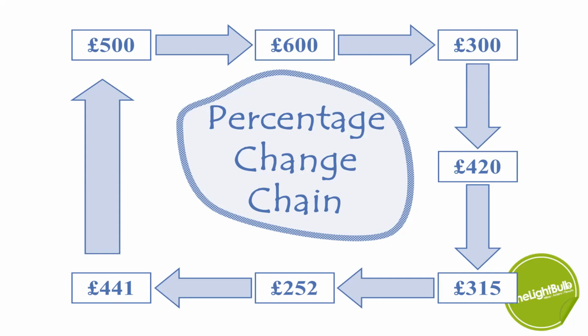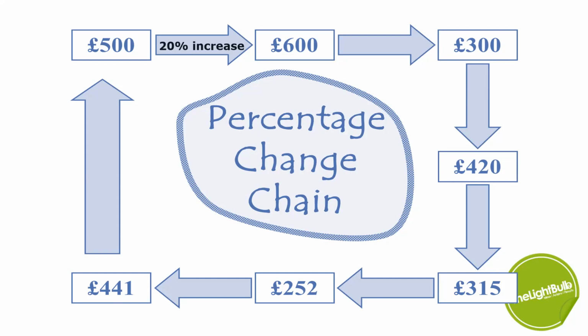Okay, so if you've worked them all through, you'll probably have a good amount of answers and workings out scribbled down by now. But what you see is that the first one is the difference is £100. Divide that by the original value of £500, and then multiply by 100 gives us a 20% increase for the first one.